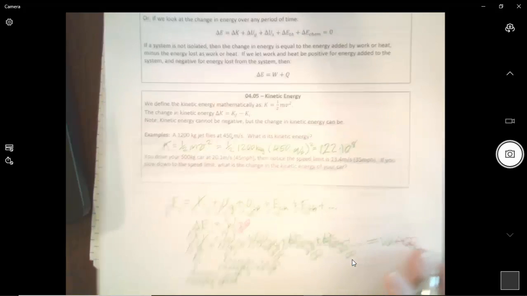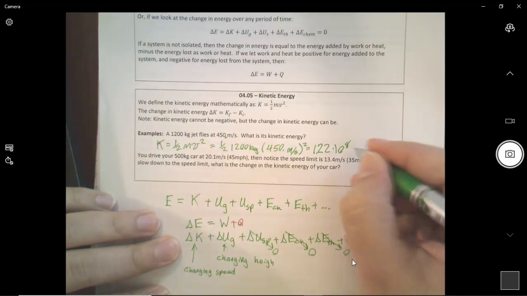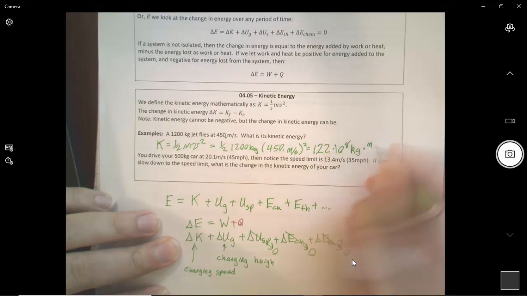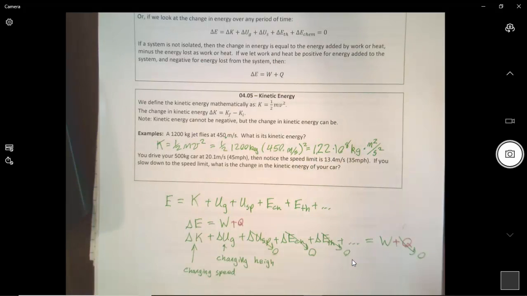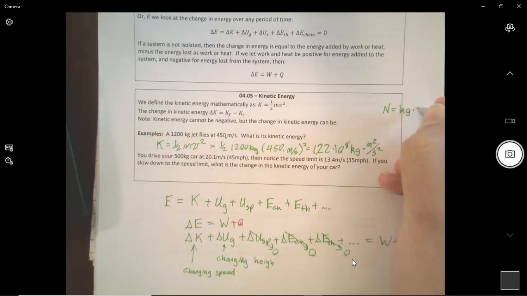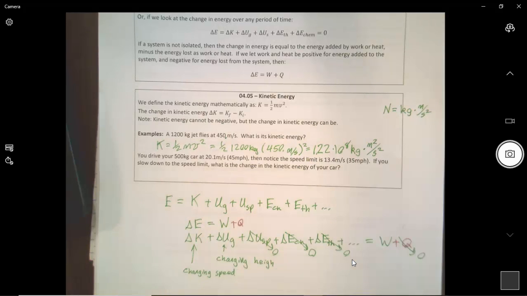And let's look at what these units are. We have a kilogram times a meters squared over seconds squared. If you remember, a newton is equal to a kilogram times a meter per second squared.